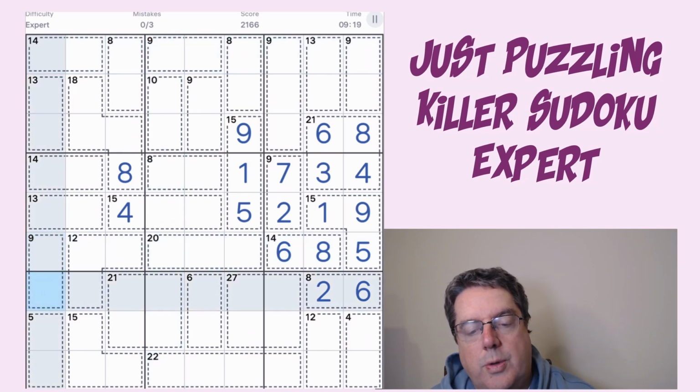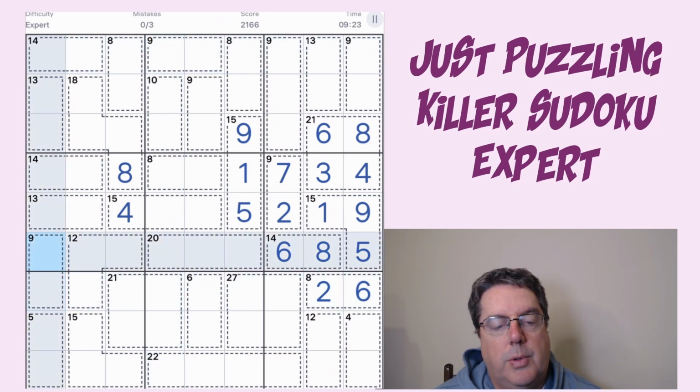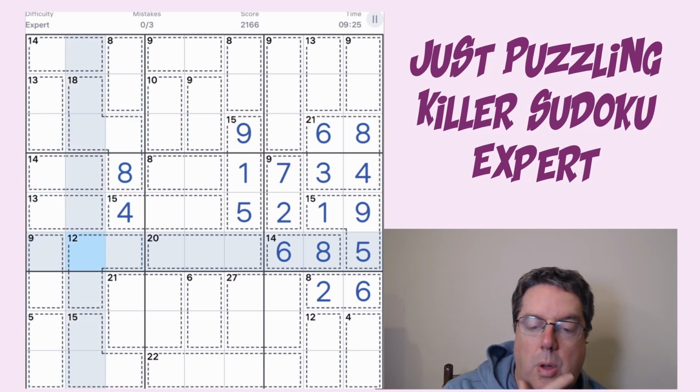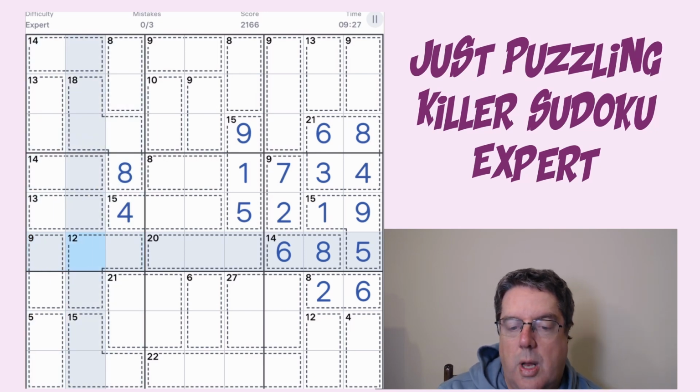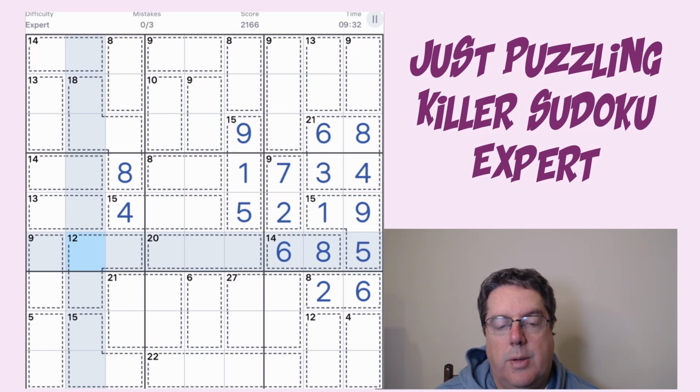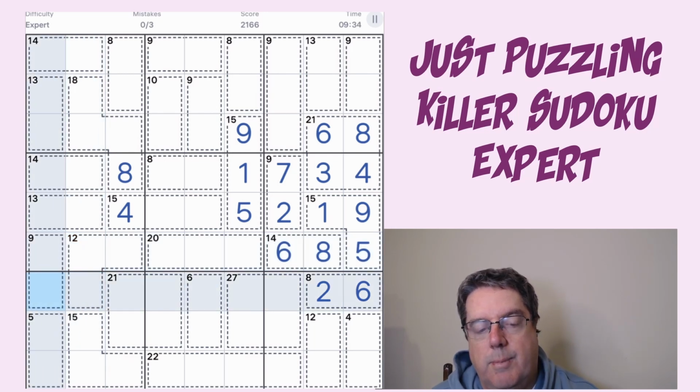So 2, 7 works. 3, 6 does not work. So 3 has got to be there. That leaves 9, which is going to be either 2, 7 or 1, 8. So this here is 8 and 7. End of discussion. So 8 and 7 there.